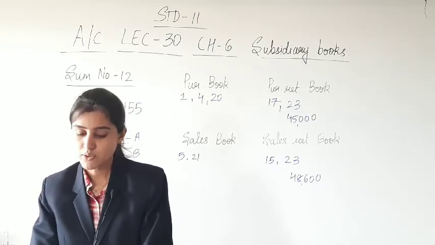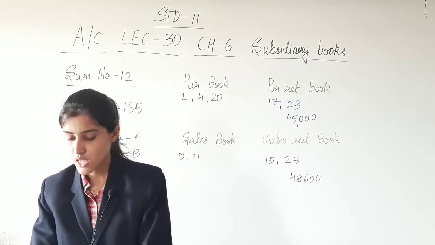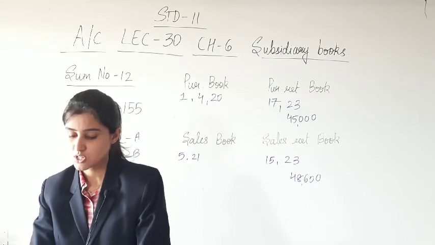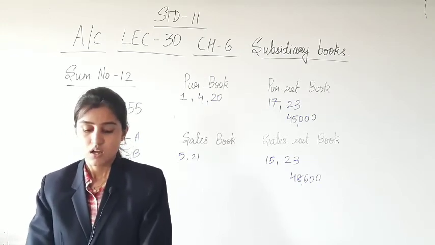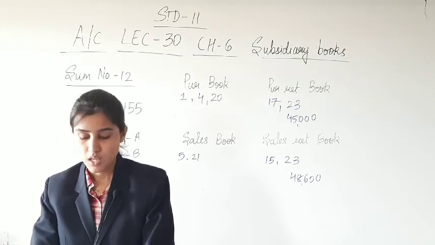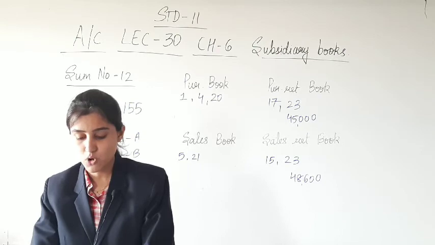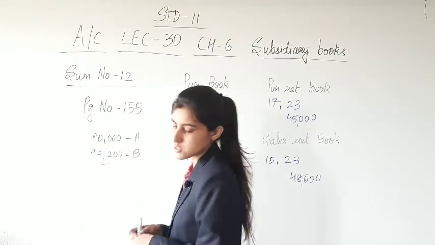Next, on 25th of November, goods sent to Karan as per order, 500 added for carriage under bill number 365. Now Karan, the person who has placed an order on 24th of November, the goods have been supplied to him on 25th of November. So ultimately goods have been sold to Mr. Karan.